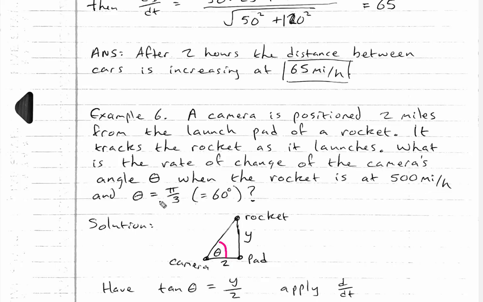We're interested in when the angle is pi over 3, exactly 60 degrees, and the rocket is blasting off when its speed is 500 miles per hour. So what is the rate of change of the angle? How fast is the angle changing?